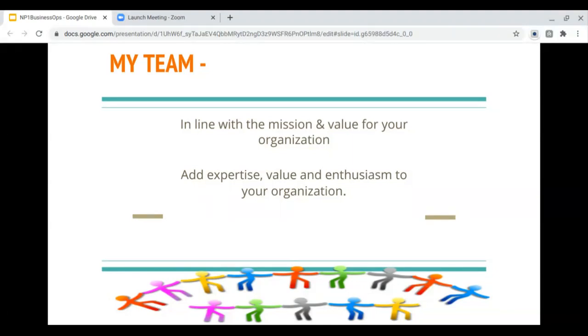It's key that those people are in line with the mission and values for your organization, as well as themselves add a level of expertise, value, and enthusiasm to the organization. Because there's going to be many times in getting started, whether it's a healthcare staffing agency or any other type of business, where things aren't going to look great.